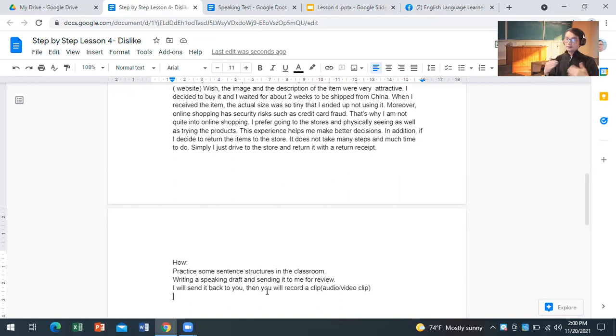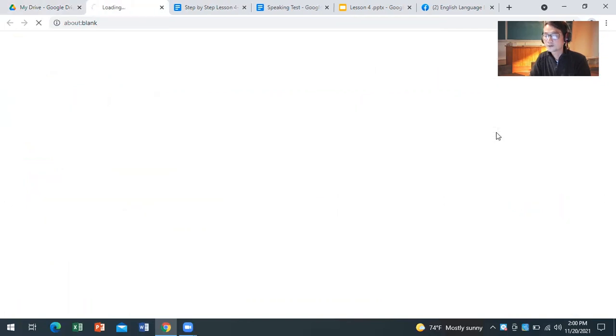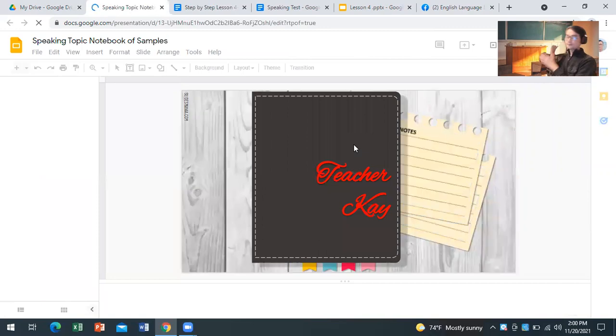But after you are done, write it down in your notebook. Someone asked me what the speaking notebook is. Speaking notebook is, let me see if I can show you. Speaking topic notebook. So you can write it in a notebook like this.